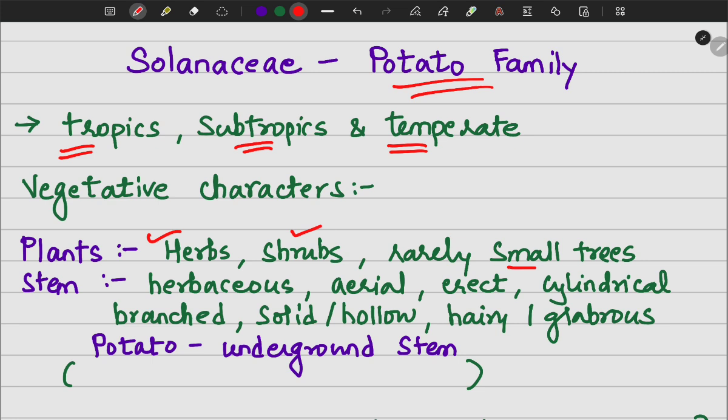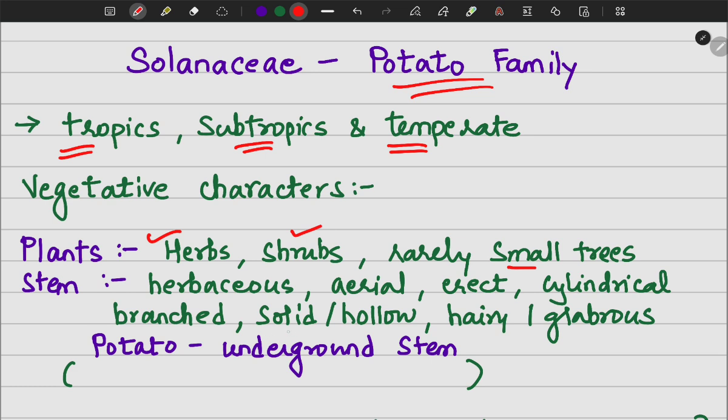That means the stem would not be very thick, as in the case of woody plants, and usually the stems of herbs and shrubs are not very woody and they are kind of thin, not very solid. And then the plants would be aerial, erect, cylindrical, branched. The stem could be solid or hollow.